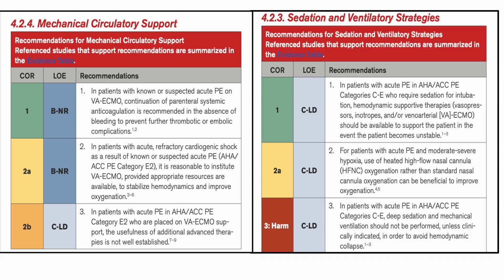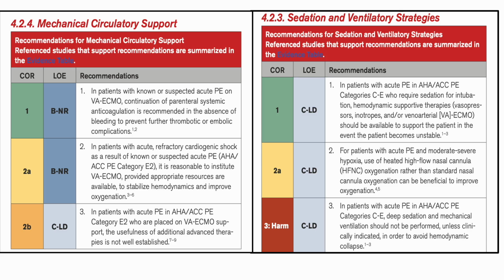Talking about sedation, the grade 1 recommendation says that for those who require sedation for intubation or support, it should be available to support the patient. Grade 2A, for patients with acute PE and hypoxia who are not ventilated, the use of heated high flow nasal cannula oxygenation rather than a standard nasal cannula can be beneficial.